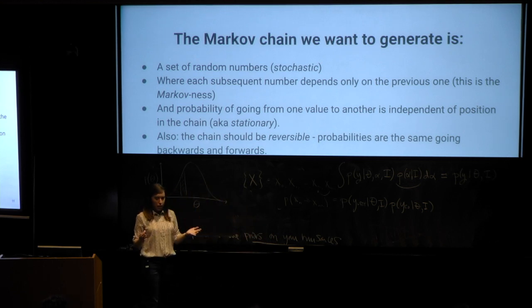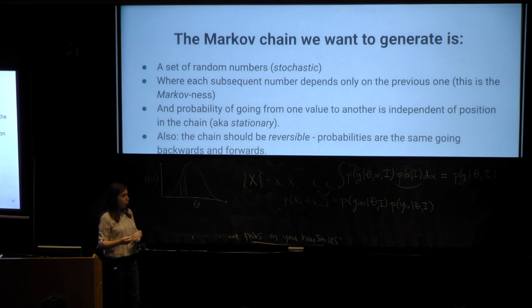A subset of Markov chains have some other nice properties, and we're going to insist on having these particular properties for the MCMC. The thing that makes it Markov is that dependence on the previous number and nothing else. But there can be some other things as well.